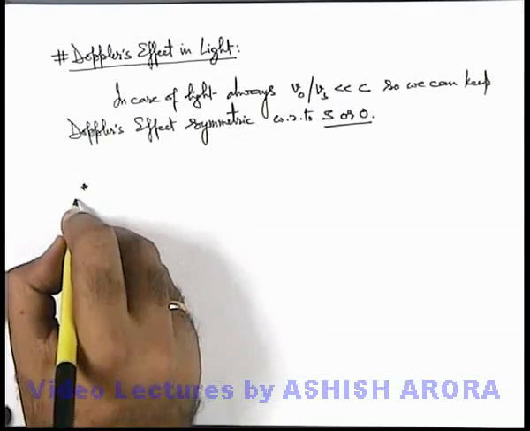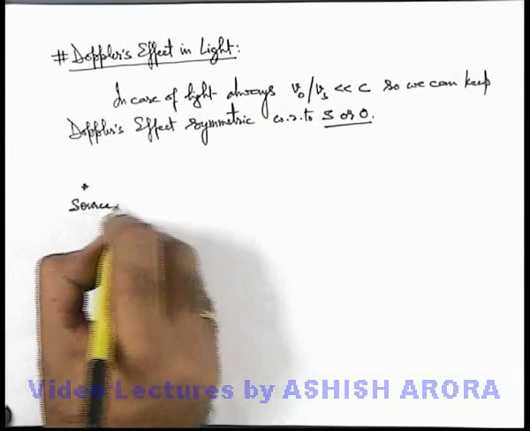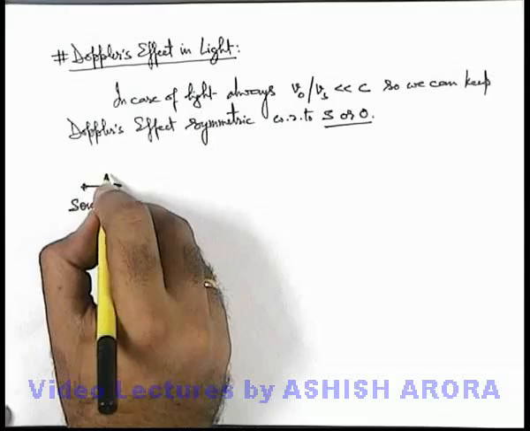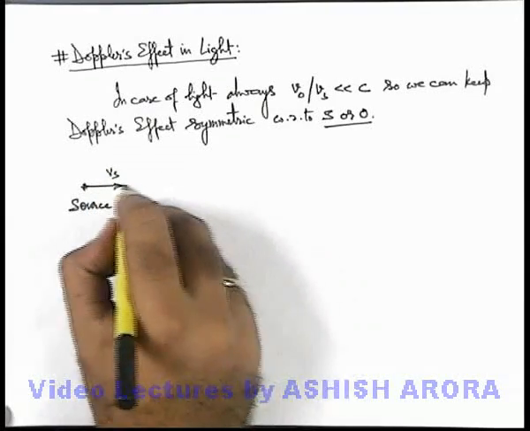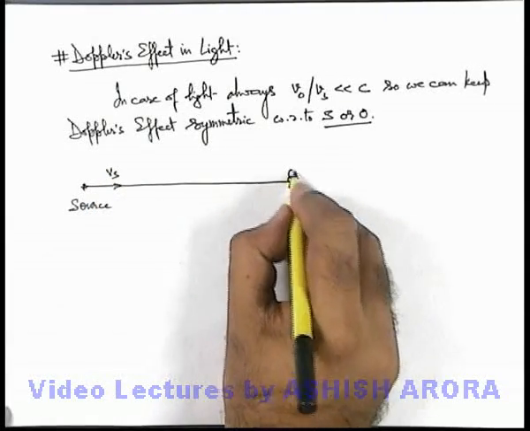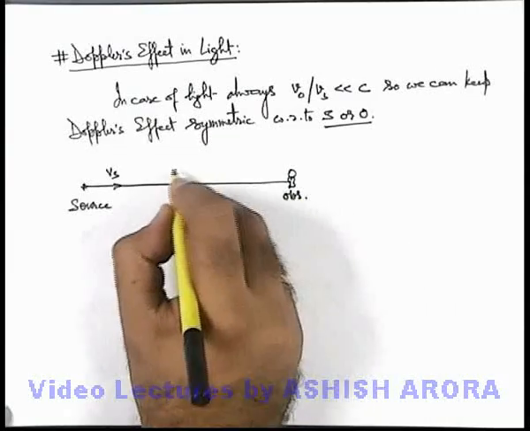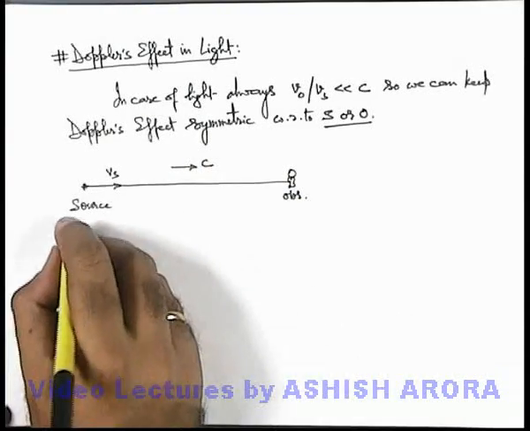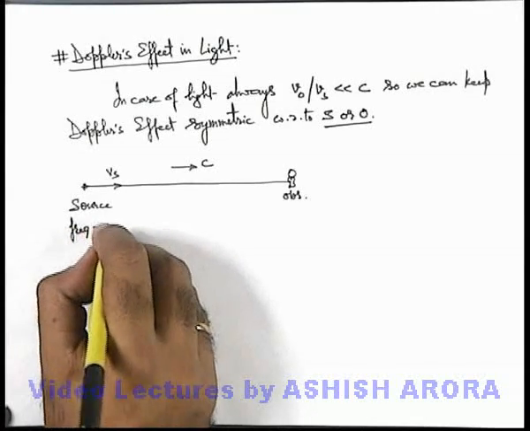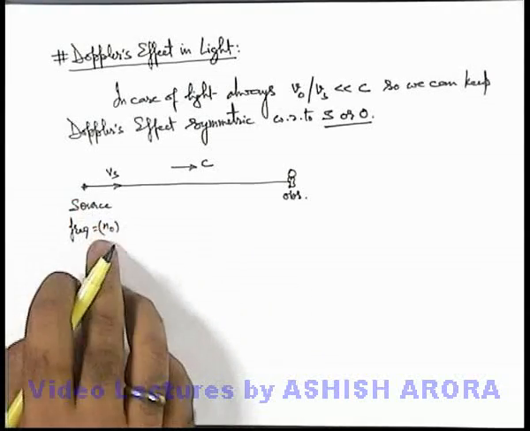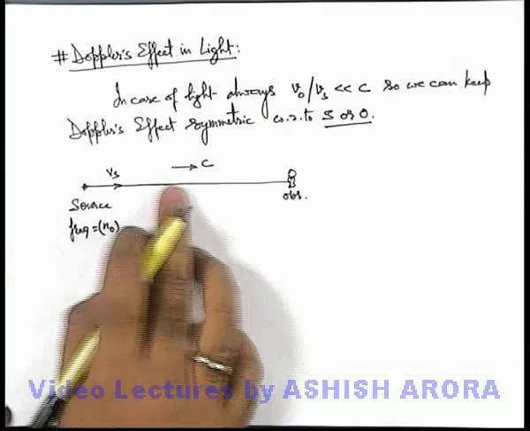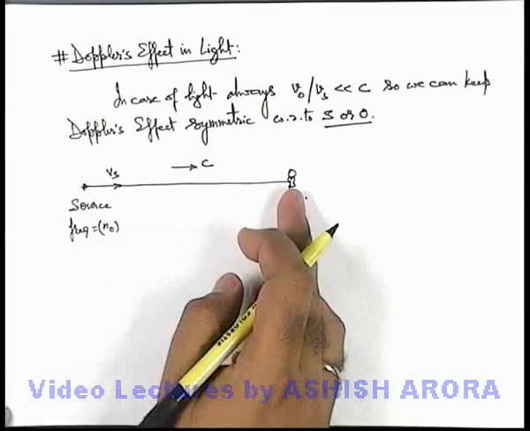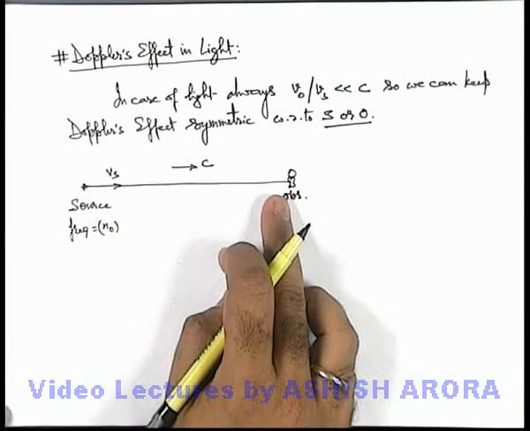Say there is a source moving with a speed Vs towards a given observer, and the light is traveling at a speed c, and the source emits light with frequency n0. The observer is just looking into the light.